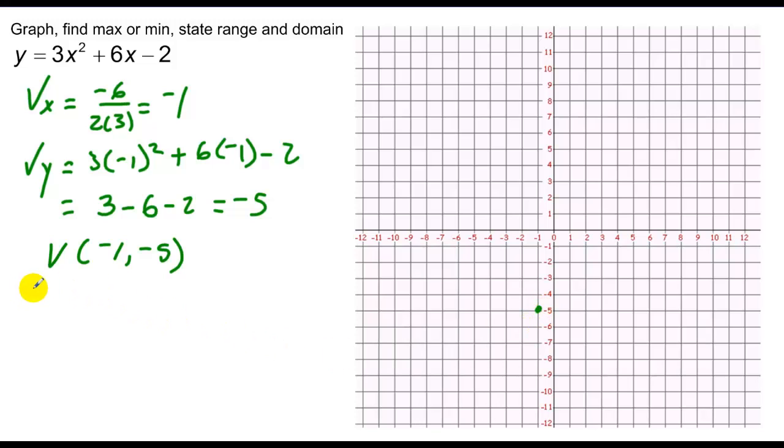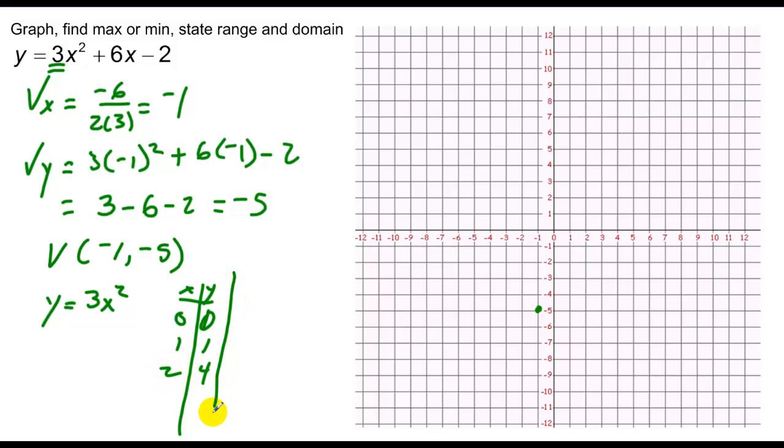Put a dot there. In this case, a is equal to 3, so I have a pattern of y equals 3x squared, which means I take my parent function of 0, 0, 1, 1, 2, 4, and I multiply all my y values by 3, so I get 0, 3, and 12.